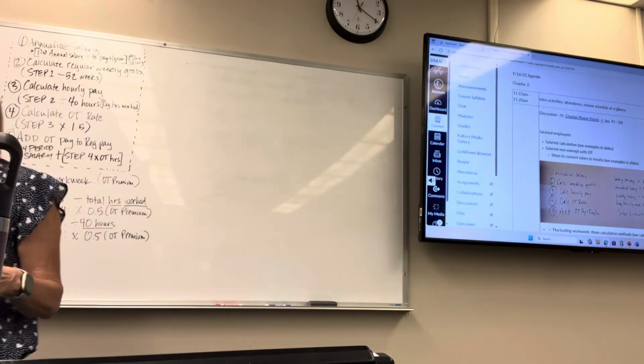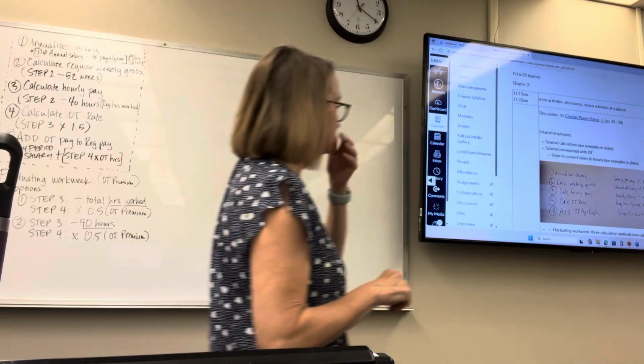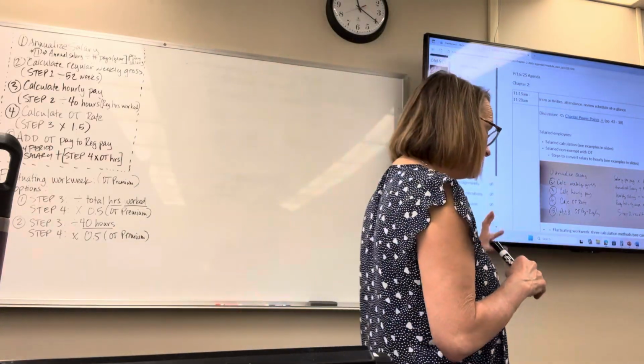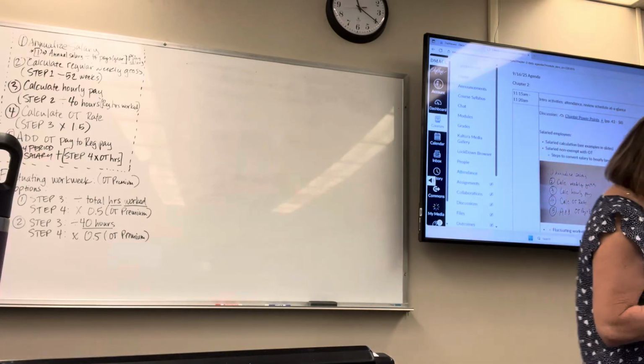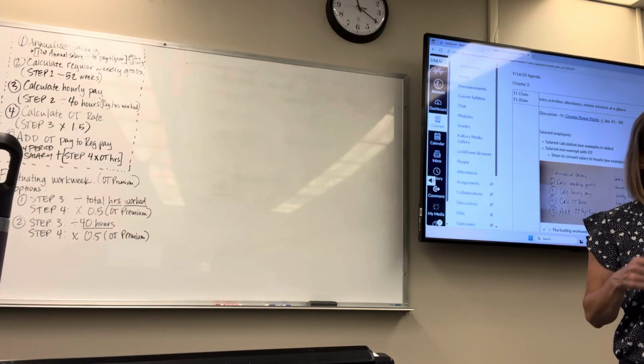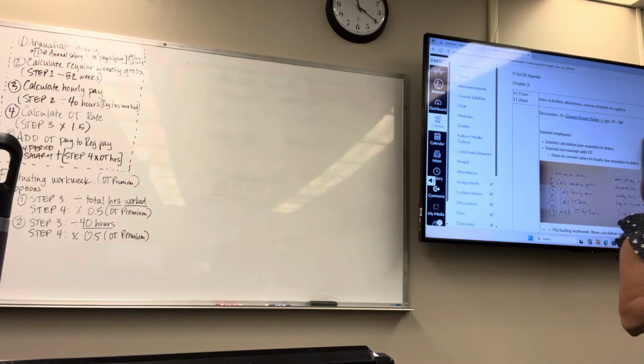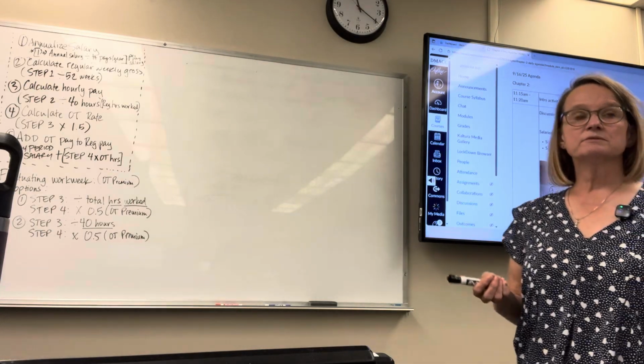What we're talking about here today is most of our calculations are going to center around figuring out what our overtime rate is and what our total pay is for individuals who are non-exempt from the FLSA.